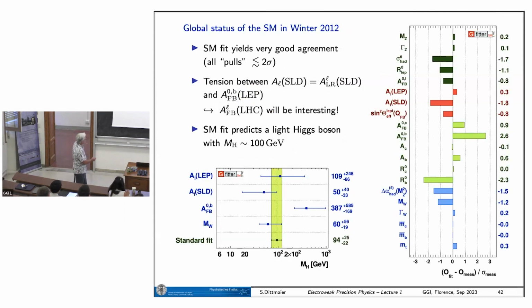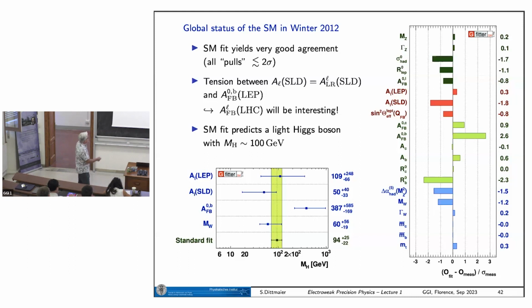The error bars are just measurements, and the greenish band here visualizes the still allowed range in the Higgs boson mass when you fit theory to data. And the selection of these observables are just those that have the highest sensitivity to the Higgs boson mass dependence. So you see that basically everything fits together quite nicely. There is a little bit of an outlier for this AFB, which I have already discussed.